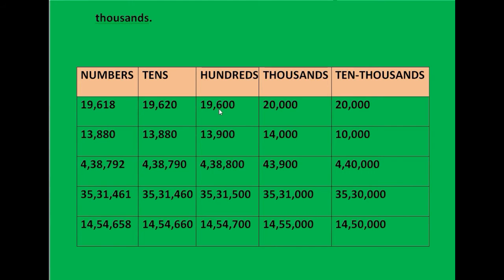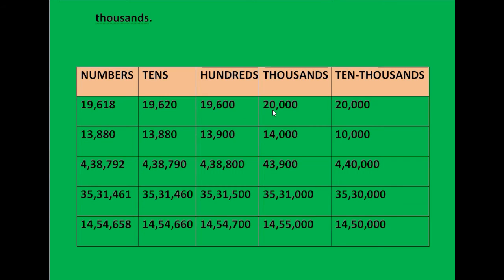According to rule number 3, all the digits to the right of this place become 0. So the tens place becomes 0, and the ones place is also 0.